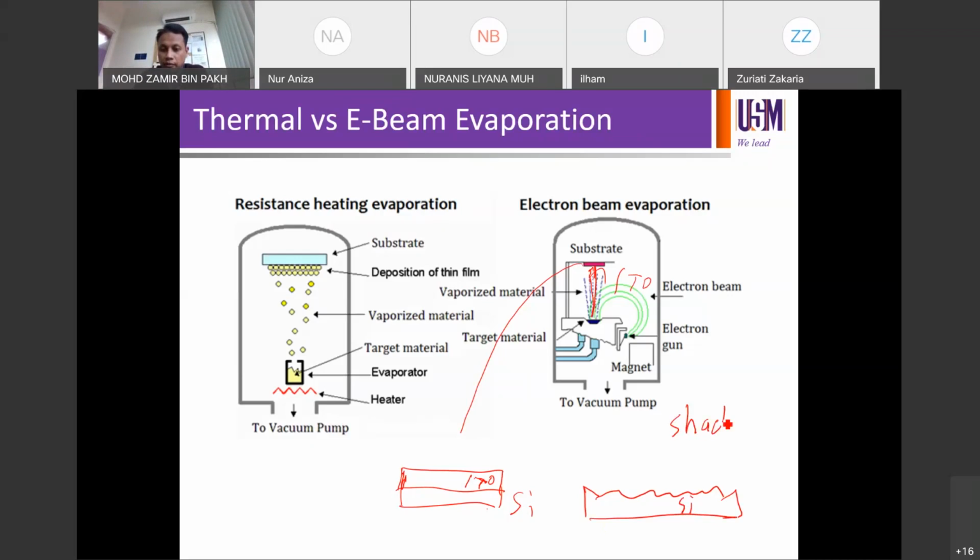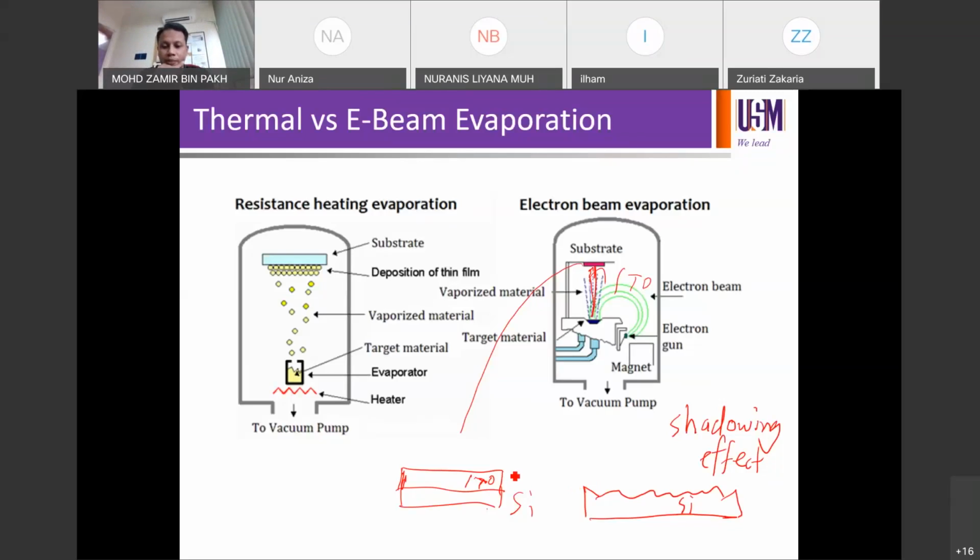We learned about the shadowing effect and line of sight deposition, right? So in this case, some of the areas on the textures may not have enough ITO.